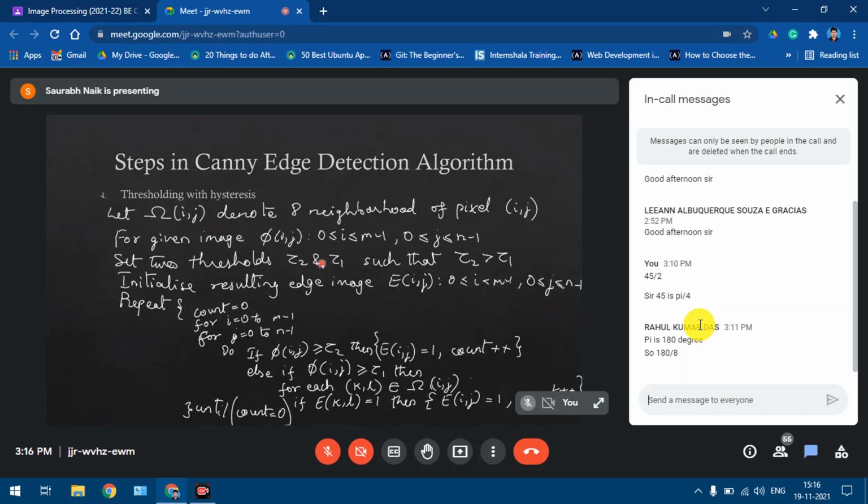Okay, if it is less than this lower threshold tau 1, then it is not going to be an edge pixel. Okay, and if it lies between these two thresholds, then we consider it to be an edge pixel only if any of the neighbors of this current pixel have been classified as an edge pixel. Okay, so this is your thresholding with hysteresis.